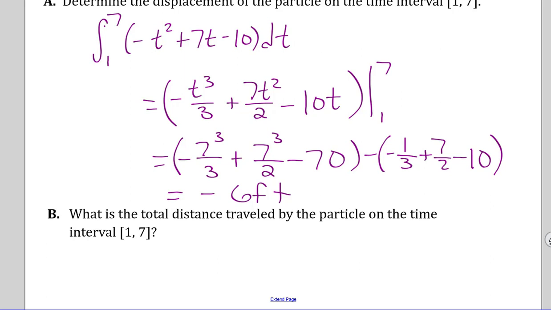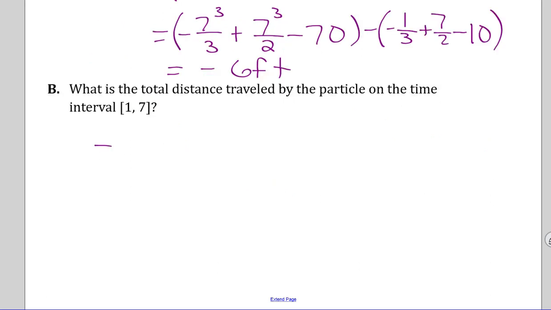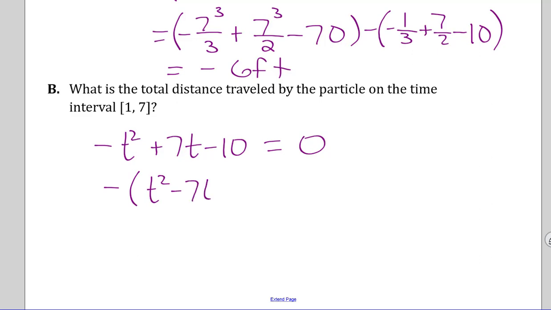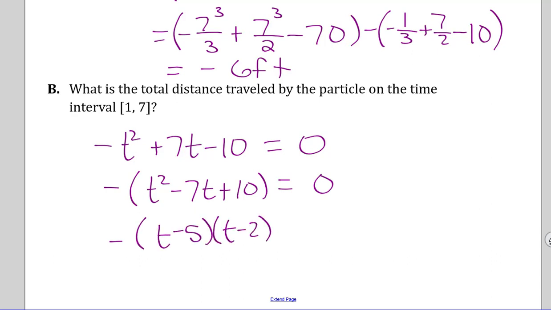So all that said, what I'm going to do is try to find the zeros of this function. I get minus t squared plus 7t minus 10. I'm looking for the zeros or the x-intercepts. So I'm going to factor out this negative, and now I can factor this as t minus 5 times t minus 2.